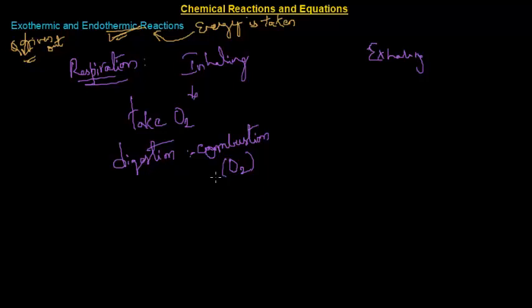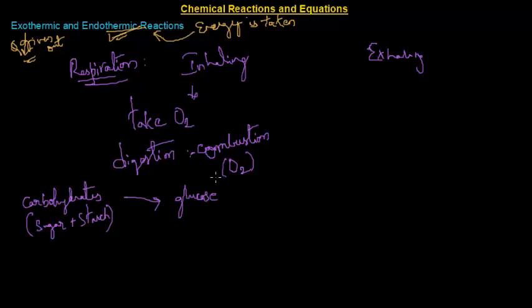We know that all the food we are taking is categorized into different categories. Of that, proteins and carbohydrates are the main categories. Carbohydrates contain sugar and starch. They are broken down into glucose.